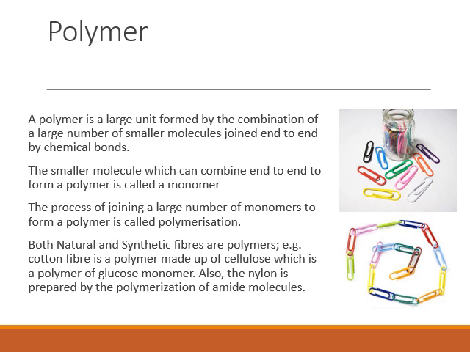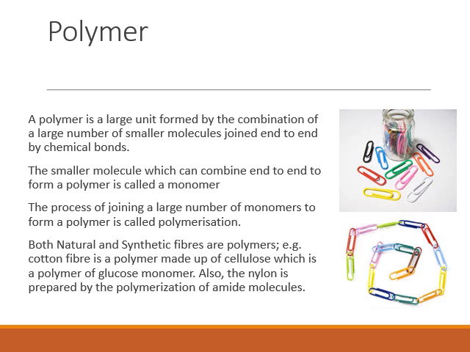So just like we join a number of paper pins to form a large chain, small molecules of some compounds can be joined end to end and we can get a very large molecule, and this molecule will be known as a polymer.